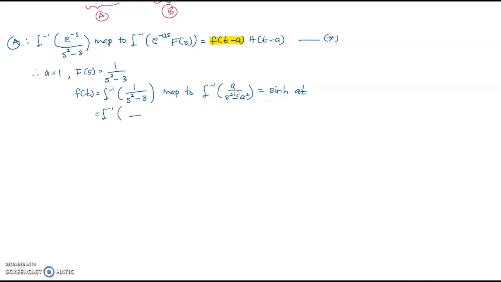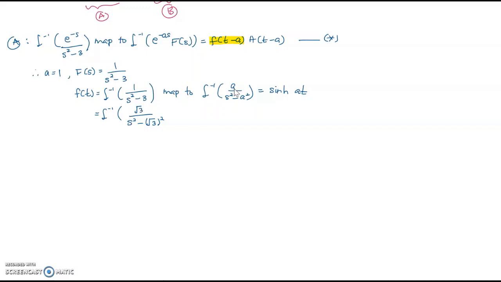Take care of the denominator first. In the table, it should be a squared. Since we have 3, in terms of a square, it should be square root of 3 squared. And at the top, it should be a, so a is square root of 3.